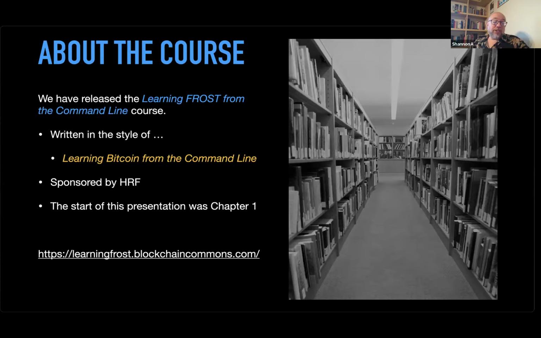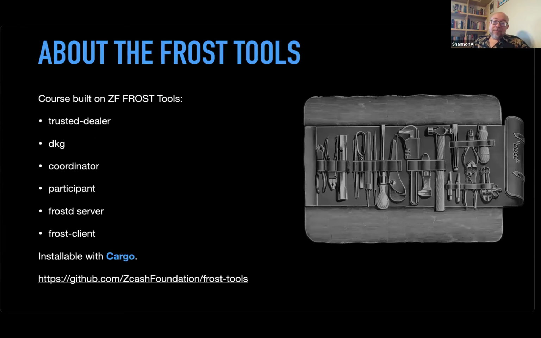We have a previous course that Christopher and I did called Learning Bitcoin from the Command Line. It's been very popular. We know that it's gotten people into the industry because we've worked with them. Working from the command line means that we needed command line tools, and those came about due to Zcash's ZF Frost project.